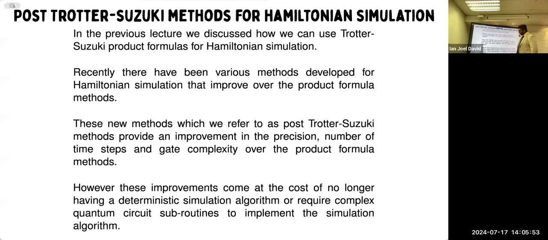But what I should mention is that these improvements come at a cost. Whereas previously when we used the Trotter-Suzuki product formulas, we had deterministic implementations, meaning before we run our algorithm in a quantum computer, we already know what the gate set is going to look like, and we know what we expect the output to look like from our quantum circuit. However, by achieving some of these improvements in precision and complexity, the implementation sometimes now becomes probabilistic.